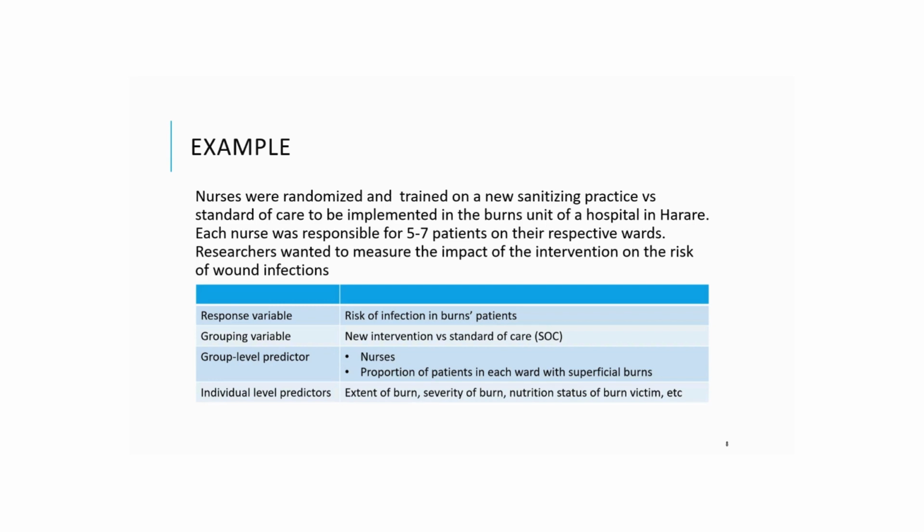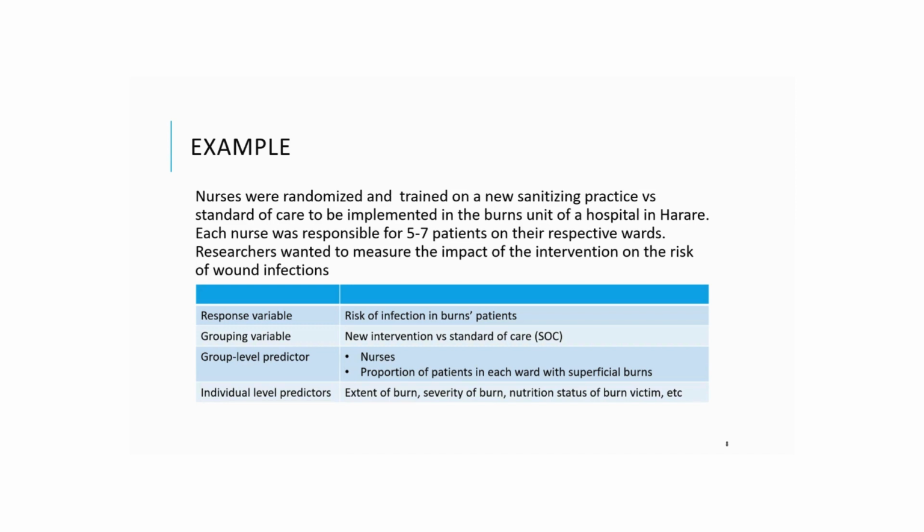And what are the group level predictors here? Your group level predictor would be your nurses, but also maybe in some wards there's a higher proportion of patients who had superficial wounds, which are less likely to get infected versus others.